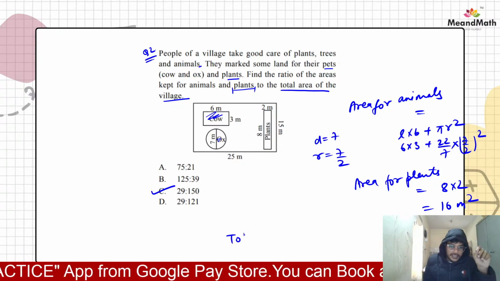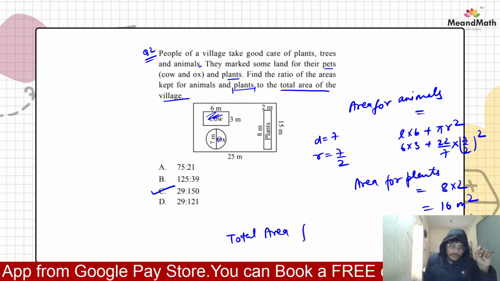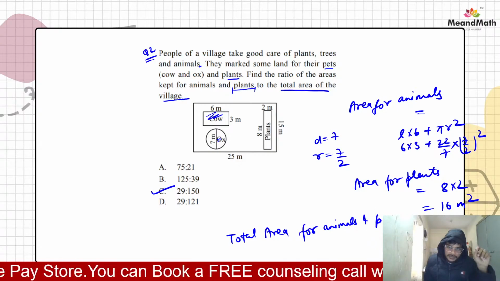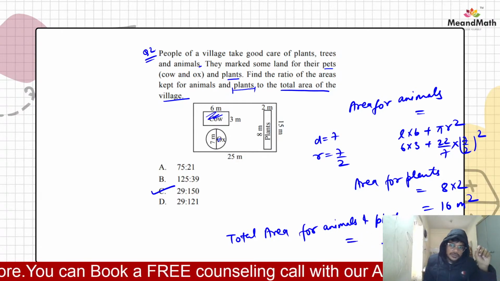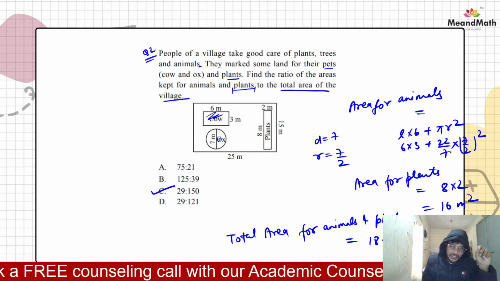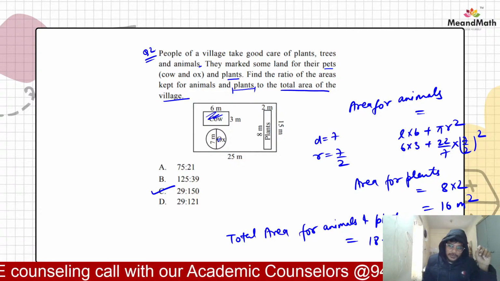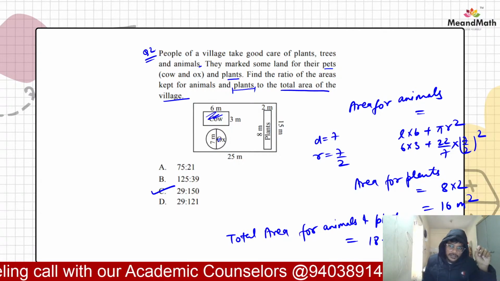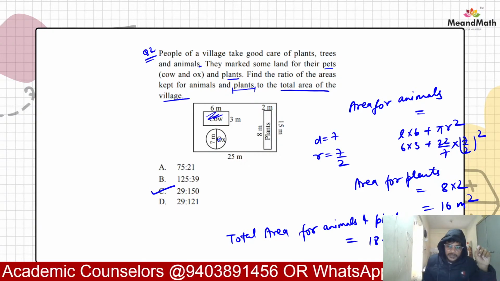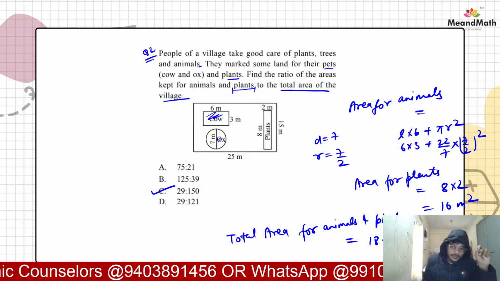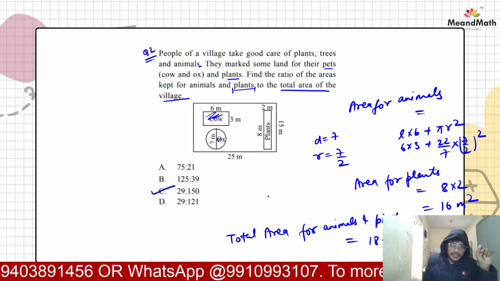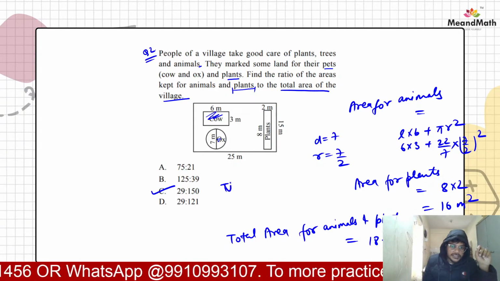Now the total area for animals and plants would be equal to 6 threes are 18 plus, now you can solve this, it would be 22 into 7 over... wait, not 7, it should be 2 square, that is 2 into 2, plus 16.